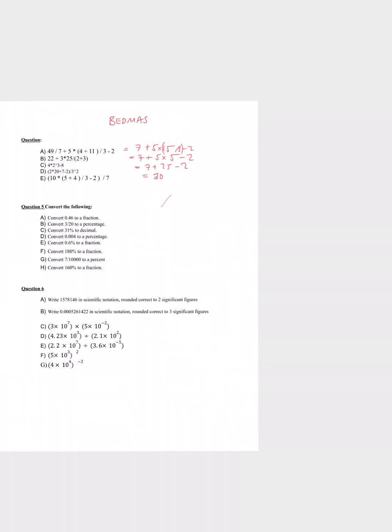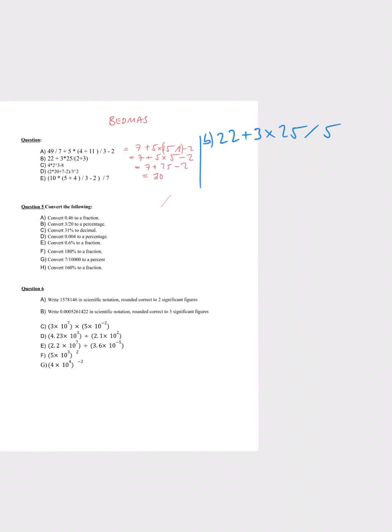Okay, I'm going to pull this out here a bit for the next one. So the next one there, part B, 22 plus 3 times 25 divided by 2 plus 3. So the first thing I do there is those brackets. That 2 plus 3 is 5. I'll do that first. So what I end up with is 22 plus 3, I'll write it just as a multiply like this, 25 divided by 2 plus 3 is 5. So I have a plus, a multiply, and a divide.